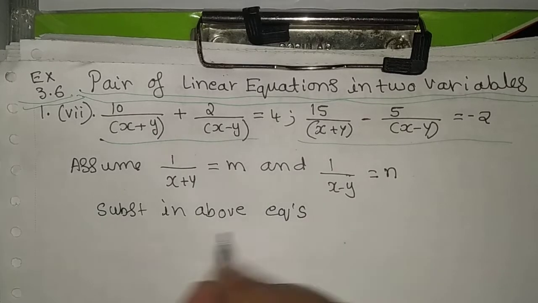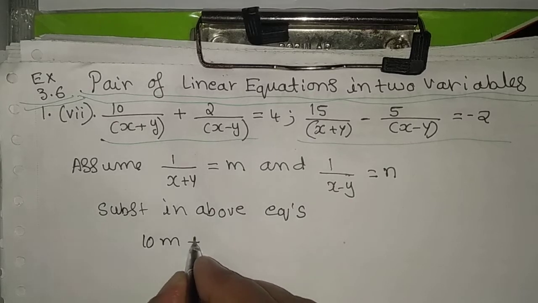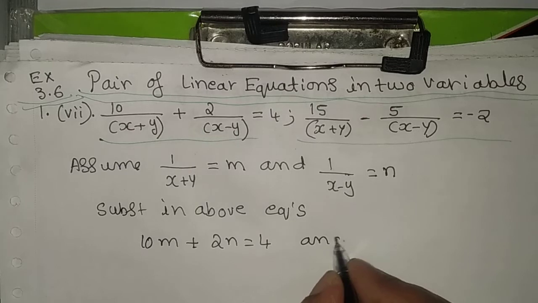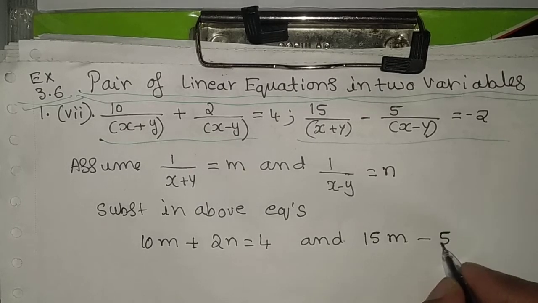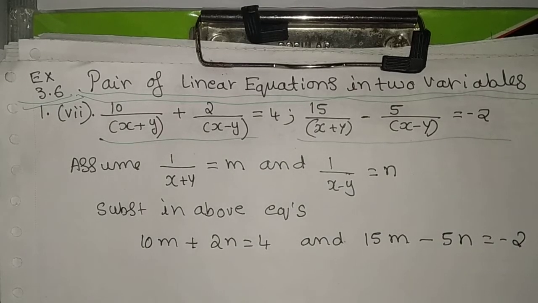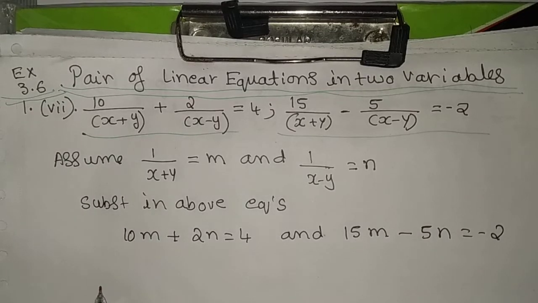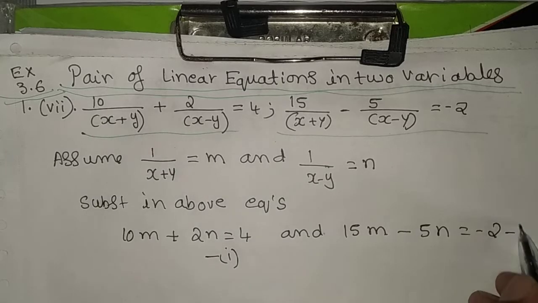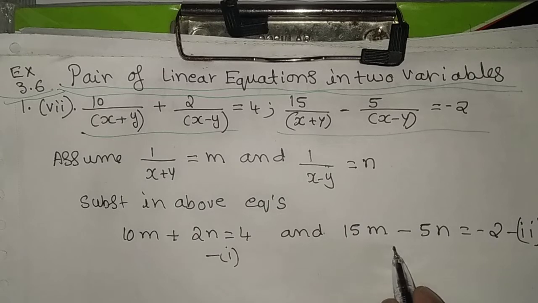So what happens here? This becomes 10m plus 2n is equal to 4 and 15m minus 5n is equal to minus 2. So these are the equations we are getting. So the next step is to multiply, give this equation as 1 and this one as 2. Then multiply.